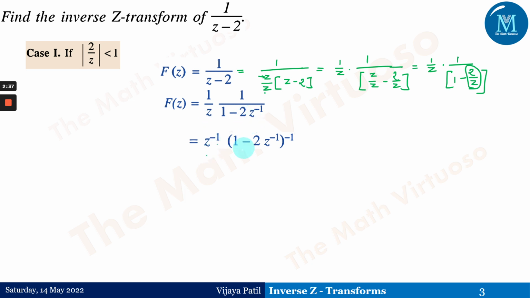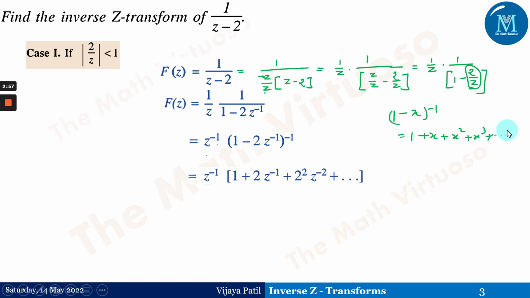This bracket can be taken in the numerator with power minus 1, and 1 minus x to the power minus 1 is nothing but 1 plus x plus x square plus x cube and so on. This is the series which we have already seen in the previous section of Z transform. The same series we are going to use here.